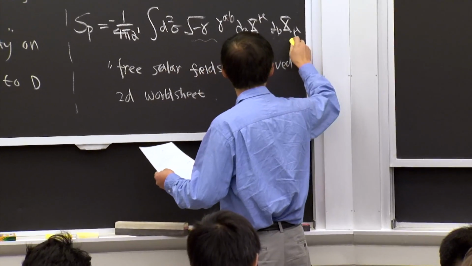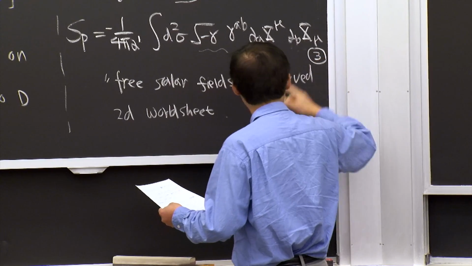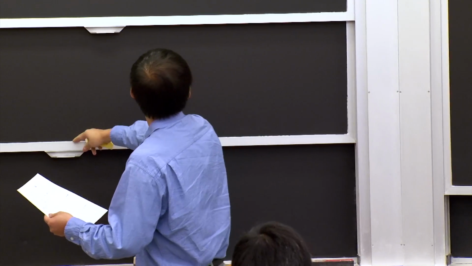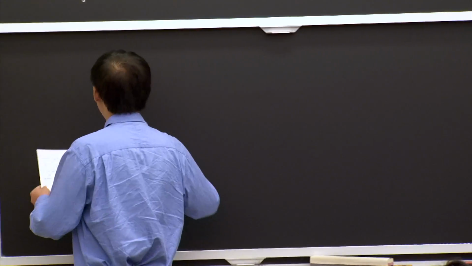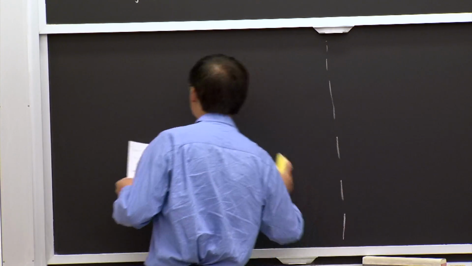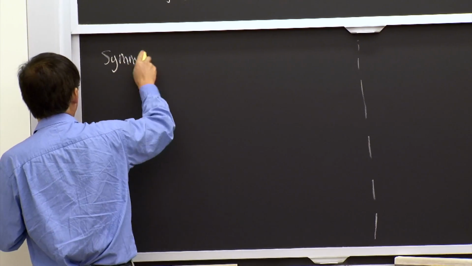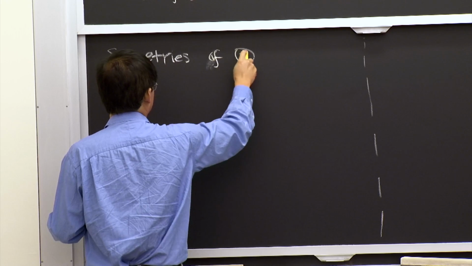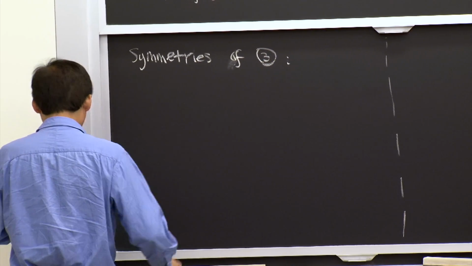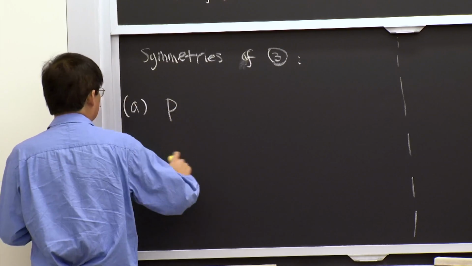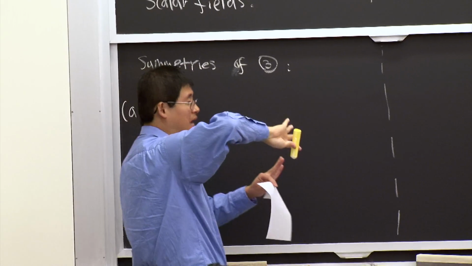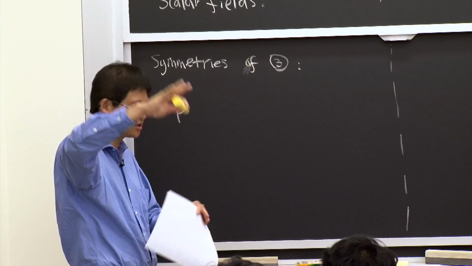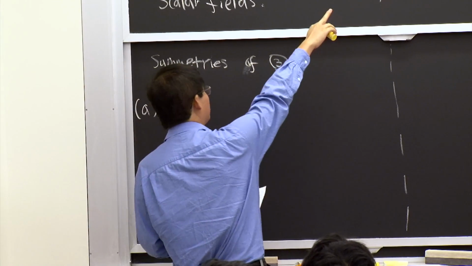Let me call this equation 3, continuing from my notation of last week. So first we should analyze the symmetries of this action. This is a mapping to a Minkowski spacetime. The Minkowski spacetime itself has a Poincare symmetry, and that Poincare symmetry will be reflected here.